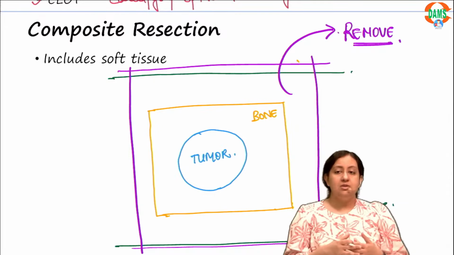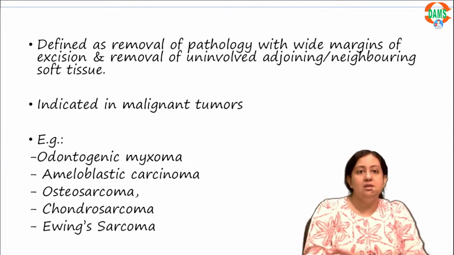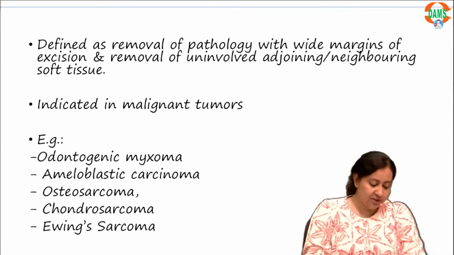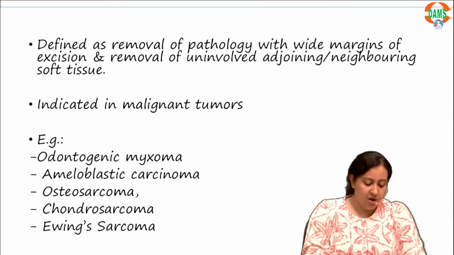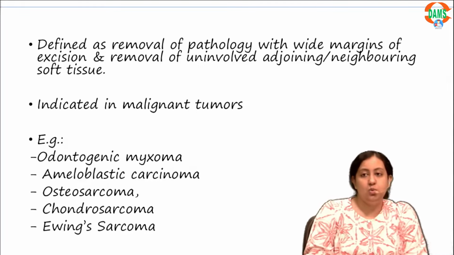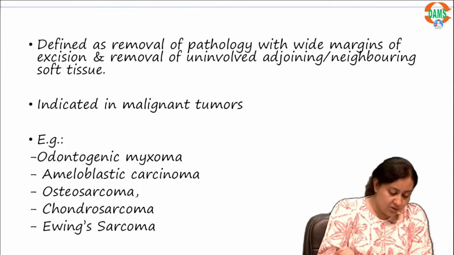Now, composite resection, let's see. It is defined as removal of pathology with wide margins of excision and removal of uninvolved adjoining or neighboring soft tissues. Alright, so these lines are very important.